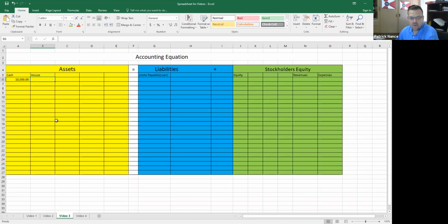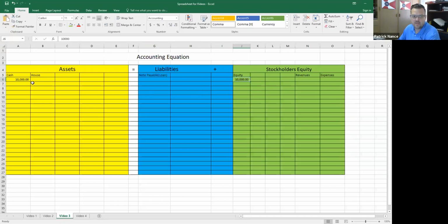What would happen? Well, I can't just buy it without securing a loan. If the rest of it is going to be paid for by a loan, then I have a liability. By the way, right now, because the money is all mine, I would have $10,000 in equity, because as I said, the accounting equation must always balance.